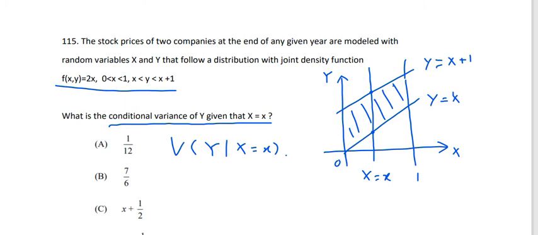We just fix x, so 2x is fixed, so we can say this density function is constant. So the distribution for y is a uniform distribution from this point to this point. So y is uniform from x to x plus 1.